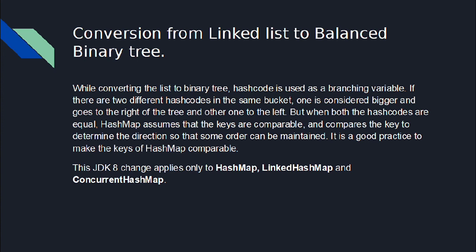If the hash code of key 1 is less than the hash code of key 2, then key 1 will go to the left and key 2 will go to the right. A similar approach is used for all the nodes, and in this way we maintain a tree in which the left node is smaller and the right node is larger. If two hash codes are equal, we compare the key values to find which one is greater and which one is less, and based off of that we place the key on the right or left.